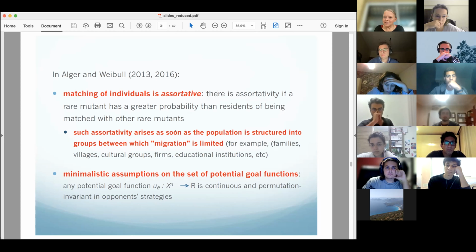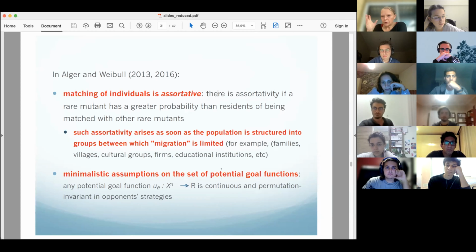So clearly this kind of assortativity is part of our evolutionary past. And this is actually really what drives the result. And then we have to make some assumptions about what is the set of potential goal functions. And we here make minimalistic assumptions on this. We say, okay, goal functions could be any continuous utility function.